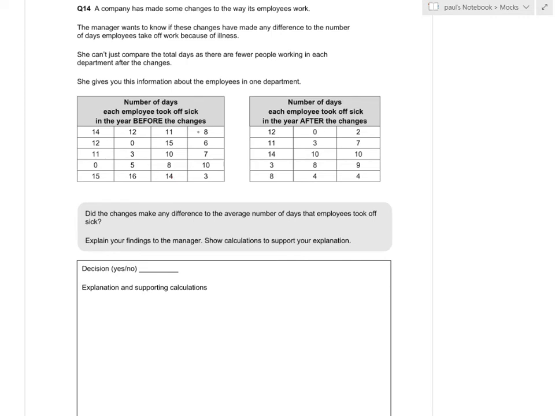So let's find the mean, right? So the mean before, I've got to add all of those up. 14 plus 12 plus 11 plus 15 plus 12 plus 3 plus 5 plus 16. So many numbers. 11, 15, 10, 8, 8.